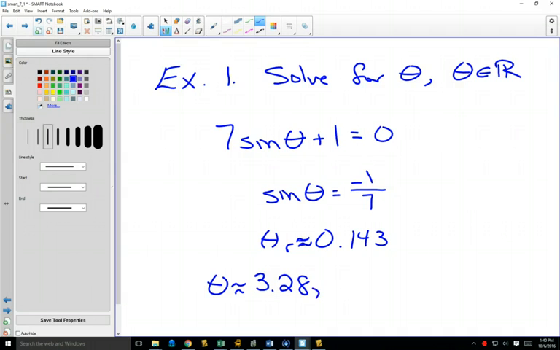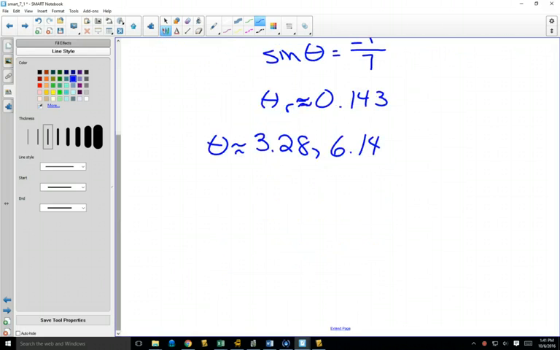And then in quadrant 4, you would go 2 pi minus your reference angle, 6.14. So those would be our 2 answers between 0 and 2 pi. Then how do we write our general solution?